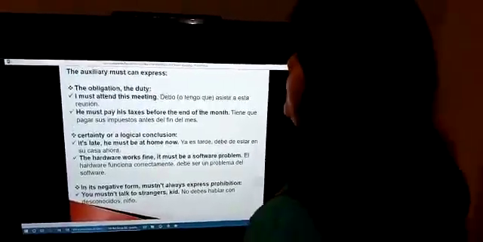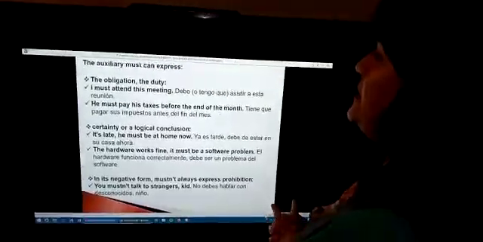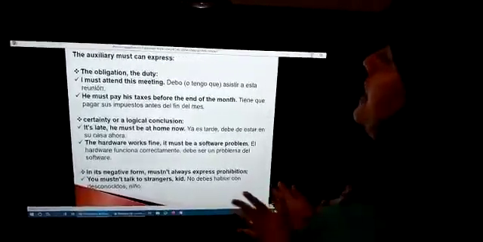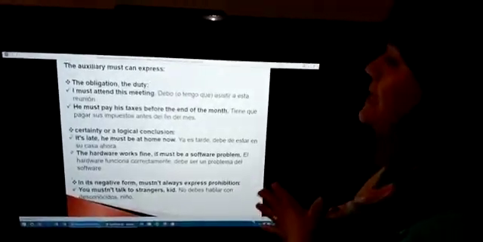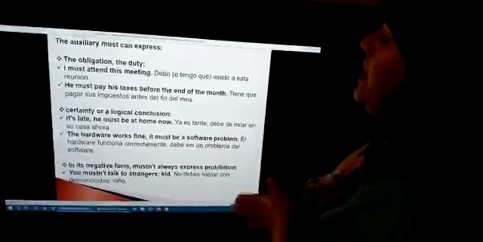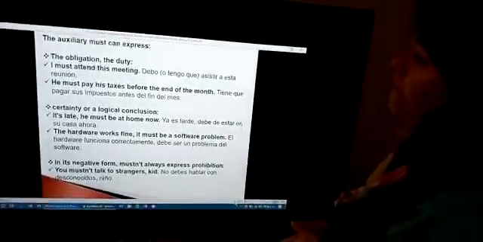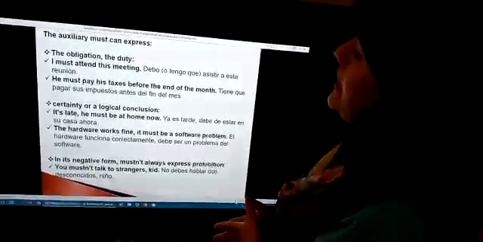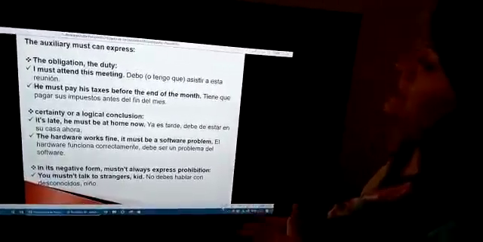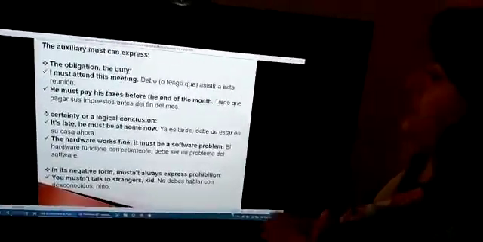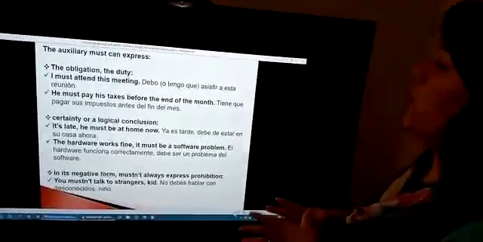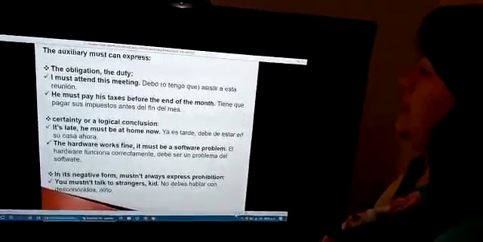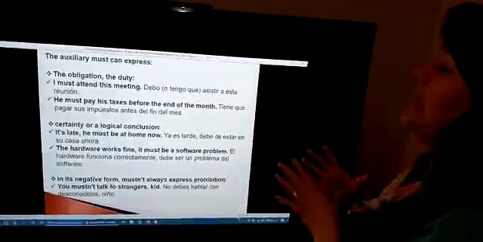Let's see what the auxiliary must can express. The auxiliary must expresses obligation, the duty. Look at the example: I must attend this meeting. In Spanish: debo o tengo que asistir a esta reunión.